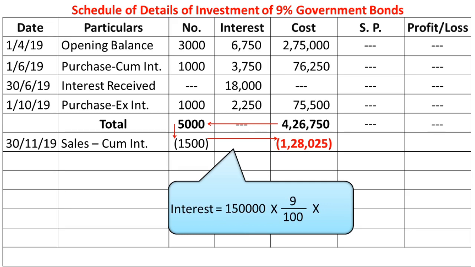Now we are selling on 30th November and the date of receipt of interest before this was 30th June 2019. So July, August, September, October and November. So we need to calculate the amount of accrued interest for 5 months. So 5 divided by 12. So the answer is 5,625.